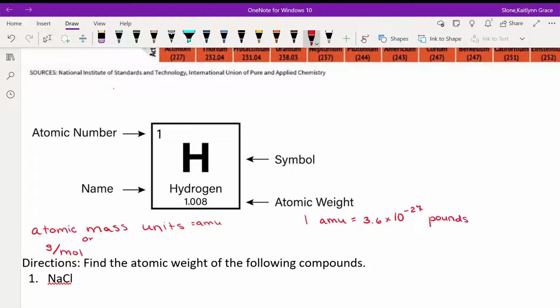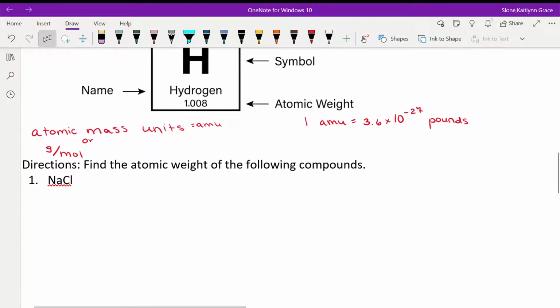So it's a very, very small amount of matter, and a very small amount of weight that we're talking about here. We're not talking about a huge weight. We're talking about very microscopic molecules here.